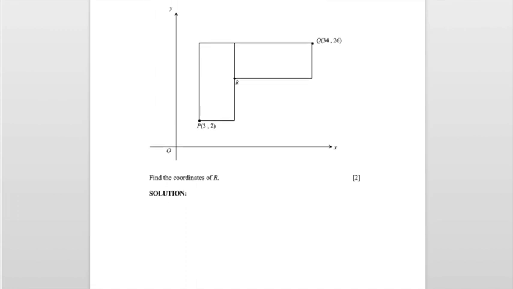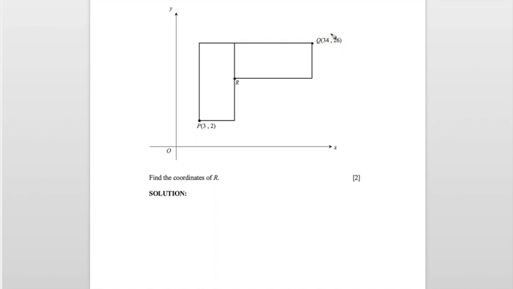The next sum is basically on coordinates. We need to find the coordinates of R. To find the coordinates of R, we need to find out what the other coordinates are. We first consider the length of the rectangle.